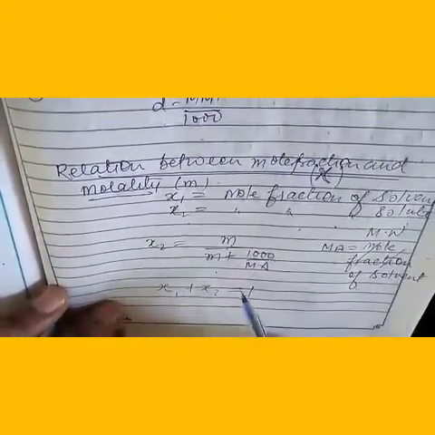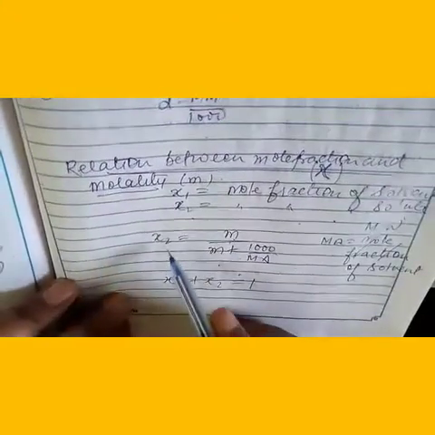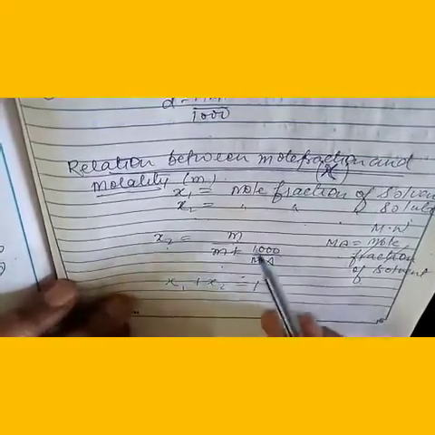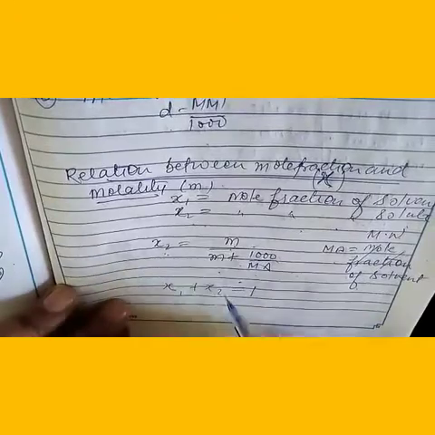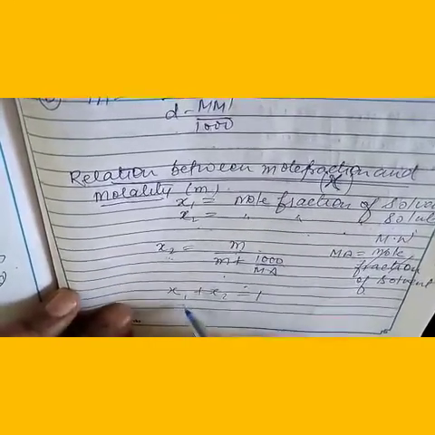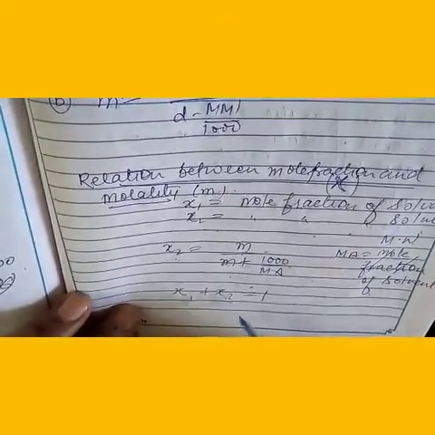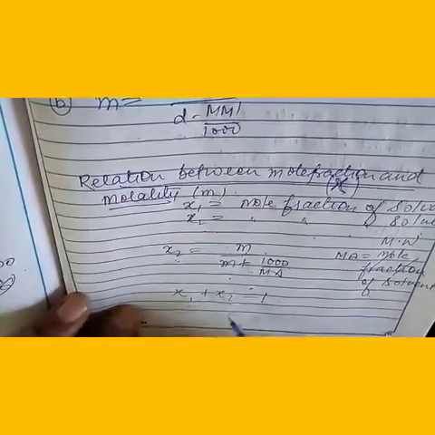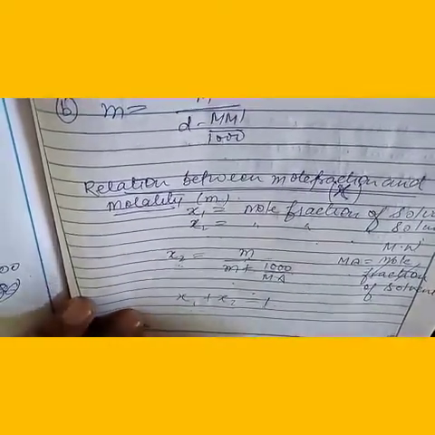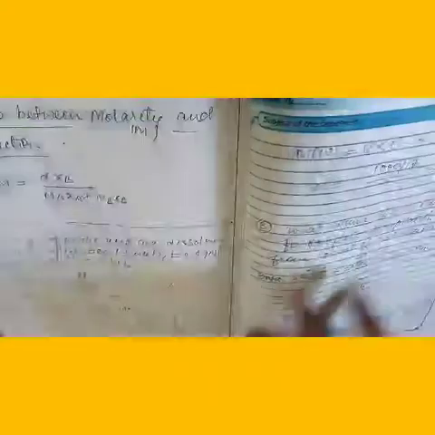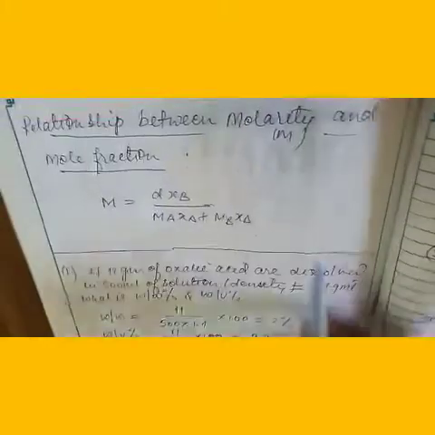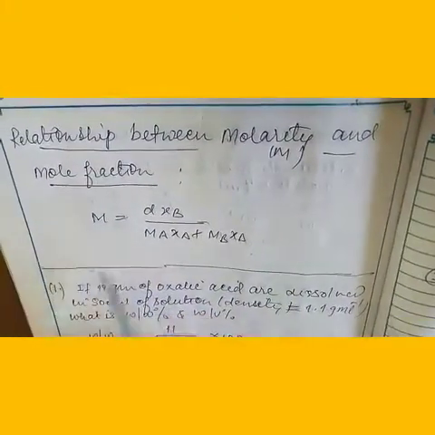Here we find the relationship between mole fraction of solute and molality. And if we find the mole fraction of solute with the help of this formula, since x1 plus x2 equals 1, we can also calculate the mole fraction of solvent in relation to molality. Clear? Now we are coming to the next one, relationship between molarity and mole fraction.